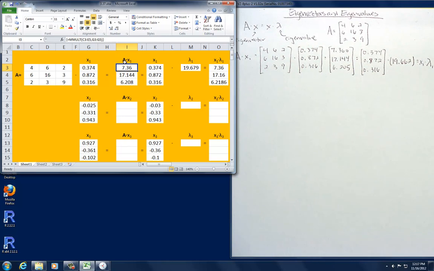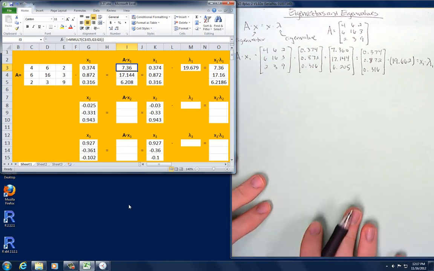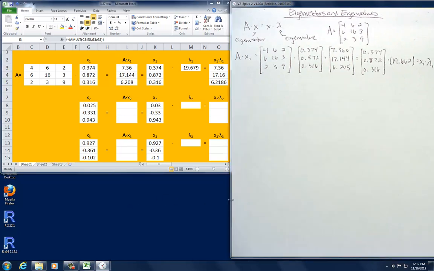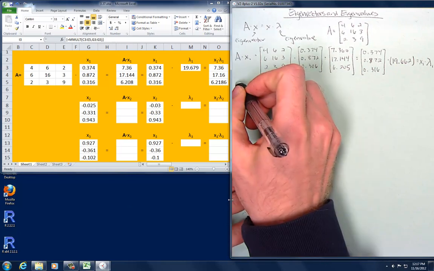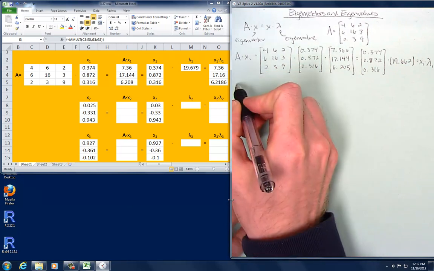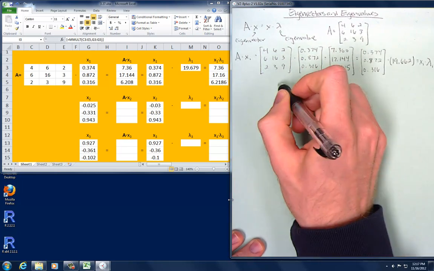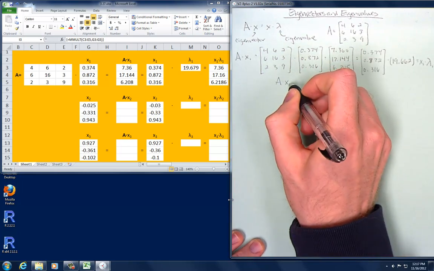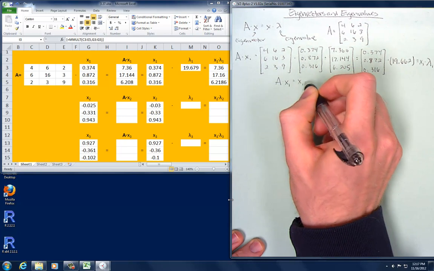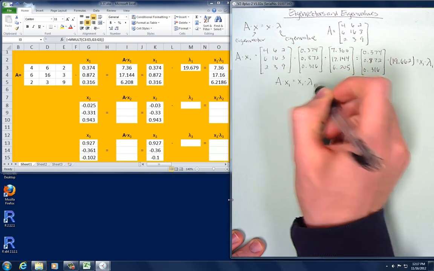And as I just mentioned, since the rank of the matrix A is 3, there are 3 non-zero eigenvalues with associated eigenvectors. So what that is saying, we go over here, we have A times x sub 1, and that's going to equal x sub 1 times this constant lambda sub 1.